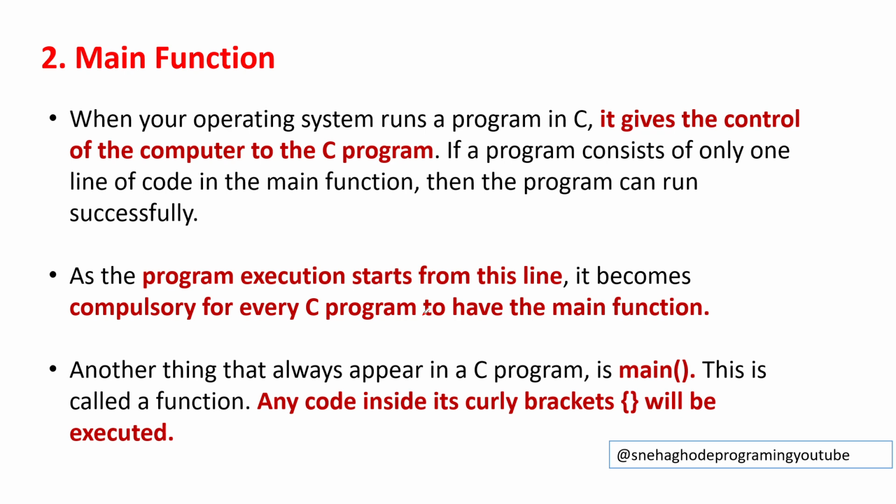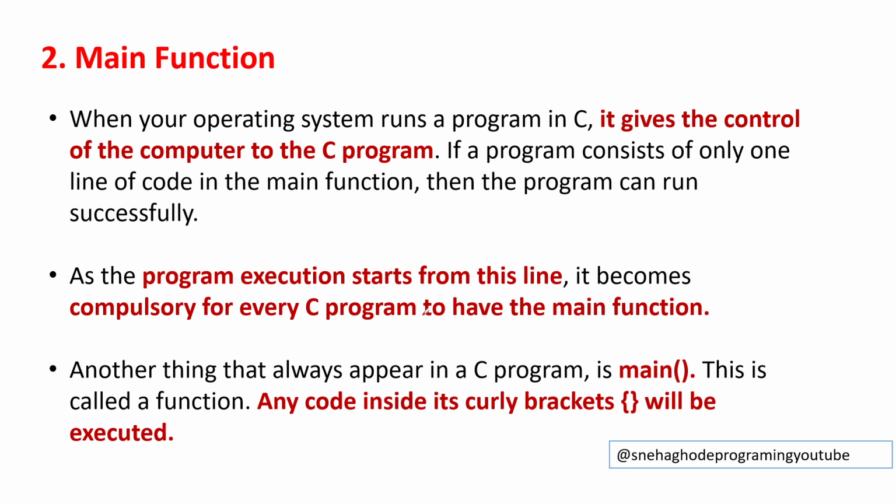The compiler first of all reads all the lines of the program, then checks where my main function is. Every time, the compiler starts the execution from the main function. The main function is our head; if the main function is absent, we are not able to execute our program. Another thing that always appears in a C program is the main function.